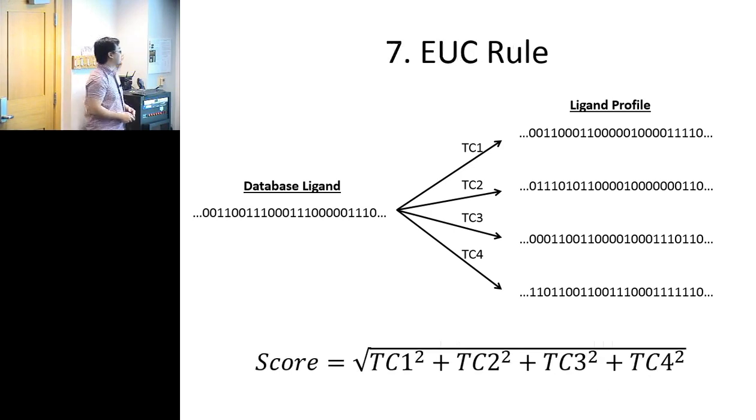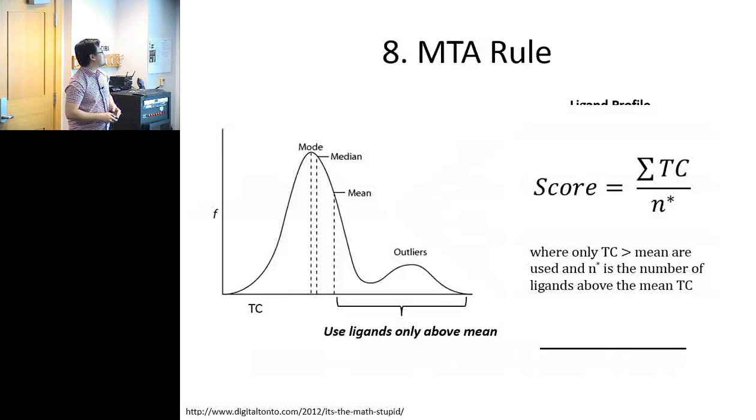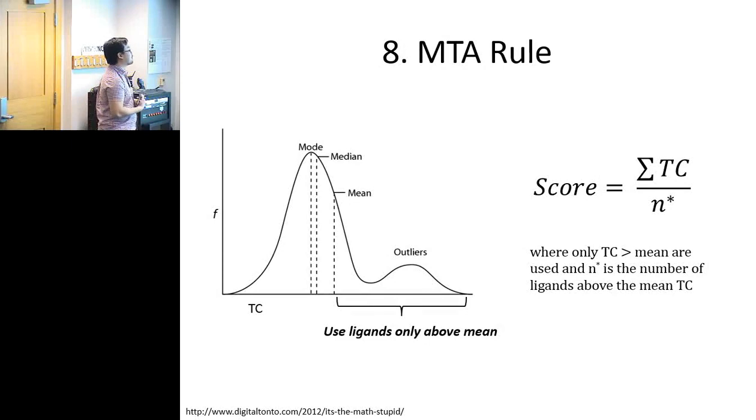The UC rule, that's just the Euclidean distance. You sum all the squares of your TC scores, and then you take the square root of that. And the MTA rule is the more than average rule. So essentially what I do here is I take the sum of all the TC scores that are above the mean, and after that I divide it by the number of ligands above the mean.